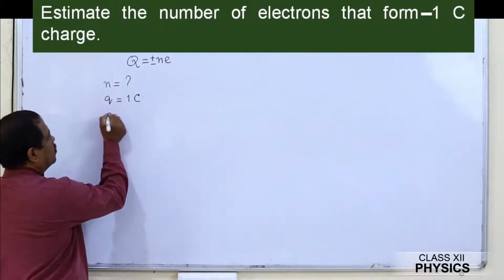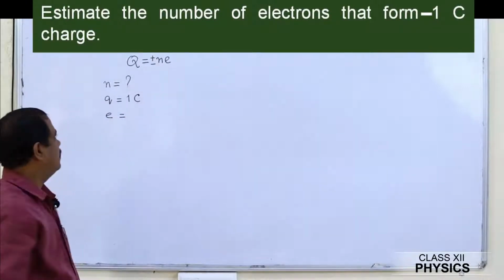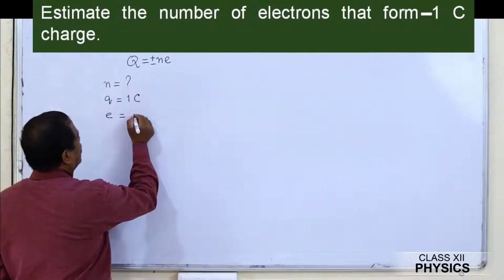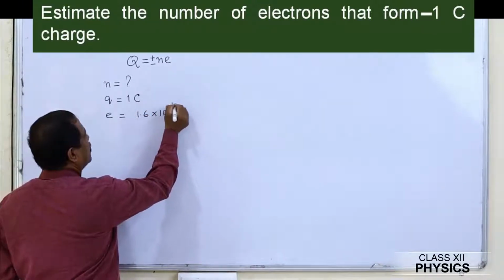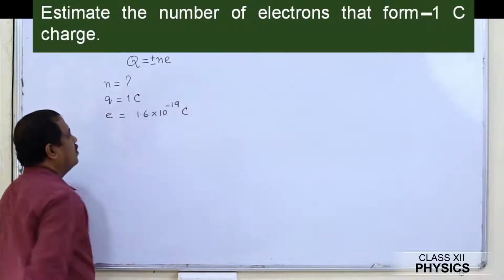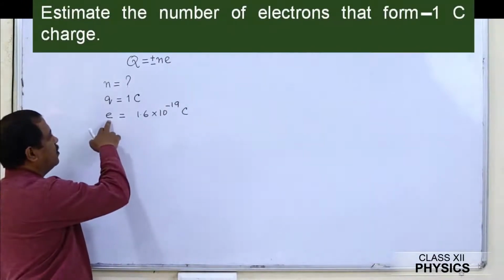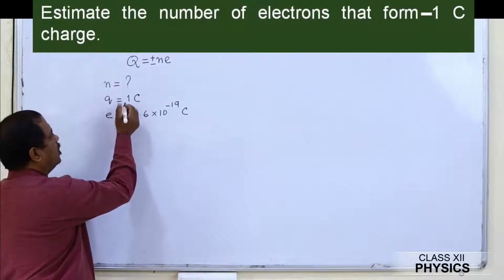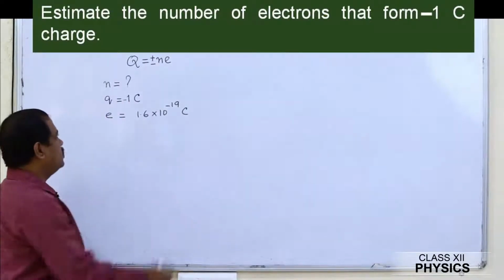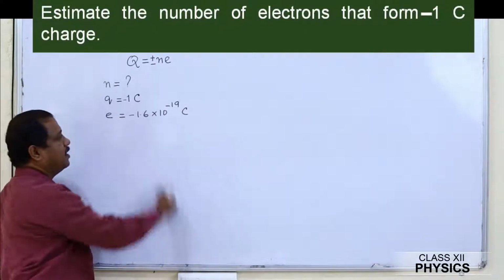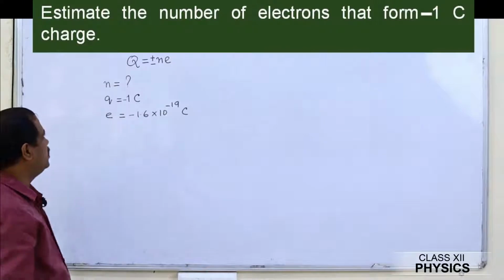We also know the basic charge, that is given on an electron as 1.6 into 10 power minus 19 Coulomb. Now, if a body is given electrons, then the body will be negatively charged, so it will be minus 1 Coulomb. And the charge on the electron will be given as minus 1.6 into 10 power minus 19 Coulomb.